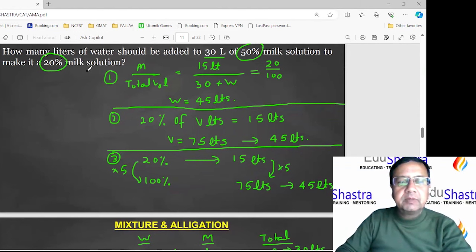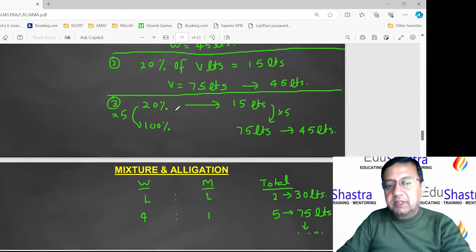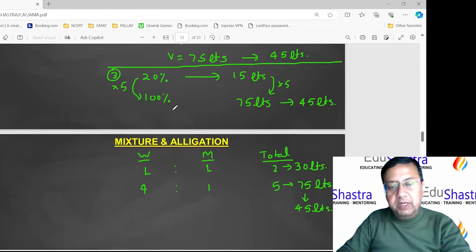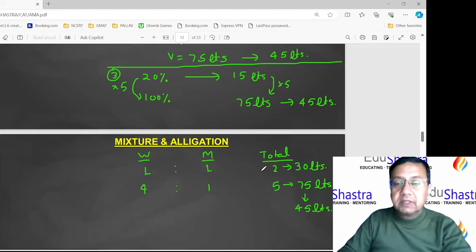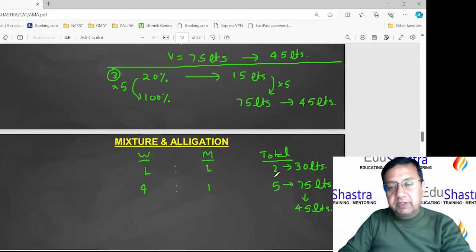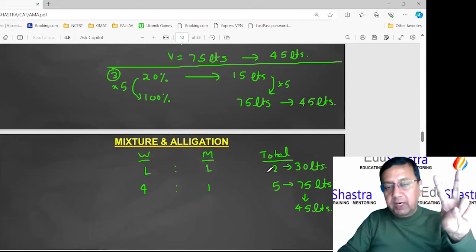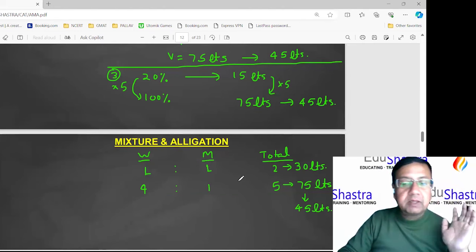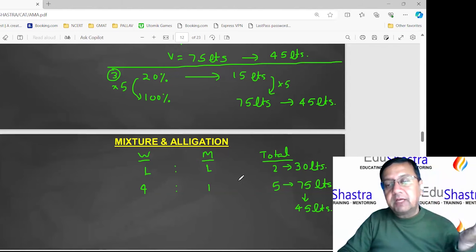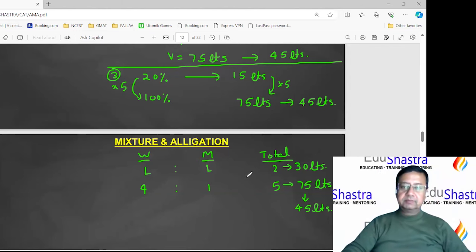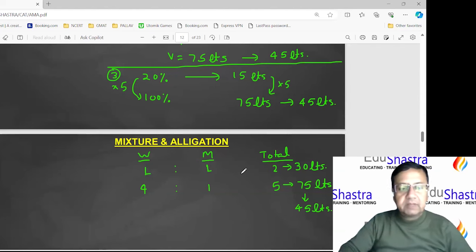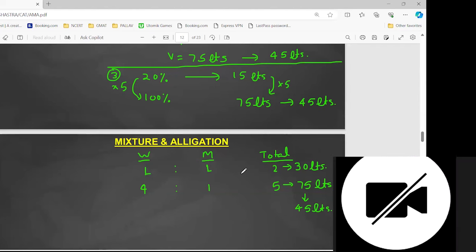If milk is 20%, water should be 80%. So water is 4 parts and milk is 1 part. So initially there is 2 ratio and next is 5 ratio. When we are having 2 ratio, the total volume is 30 liters. So 2 parts is 30 liters, 1 part is 15 liters. So how much is 5 parts? 75. Right? Got this? Yes, sir.